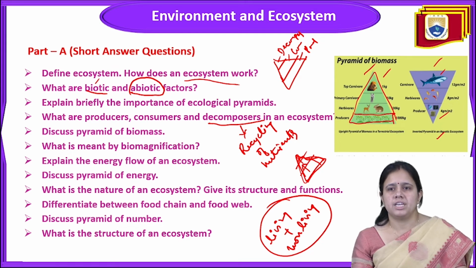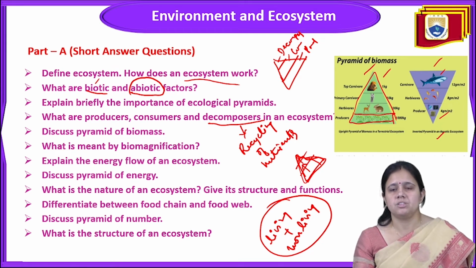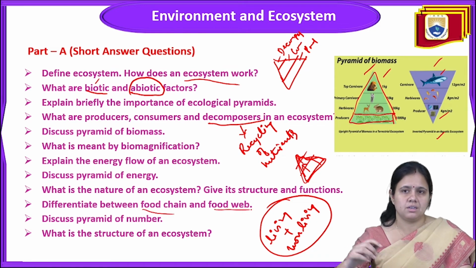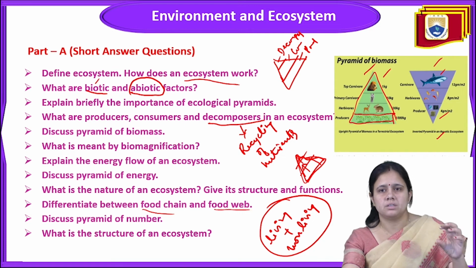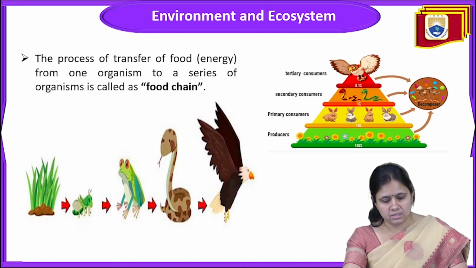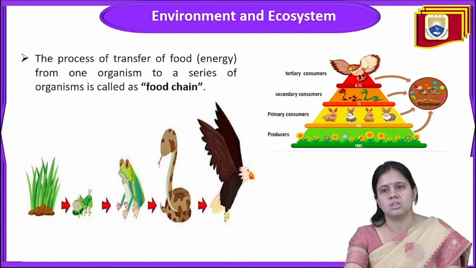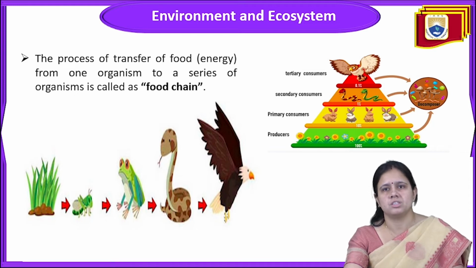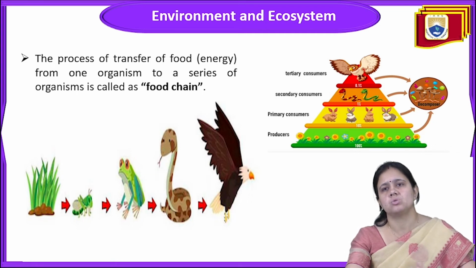Next is the food chain and food web. Differentiate between the terms food chain and food web. A food chain is a general term that starts with a green plant and ends with the decomposer. The process of transfer of energy from a lower organism to a higher organism, that is, through a series of organisms, is called a food chain.